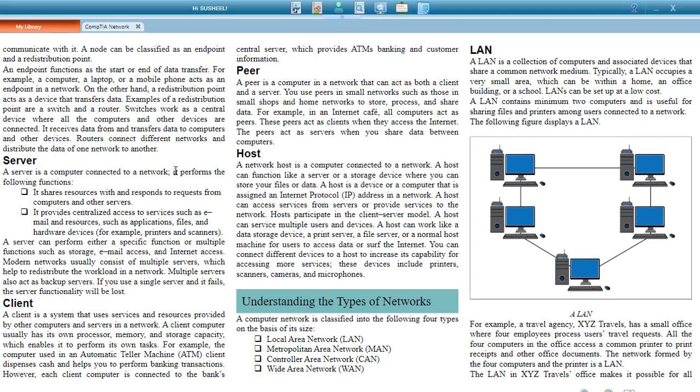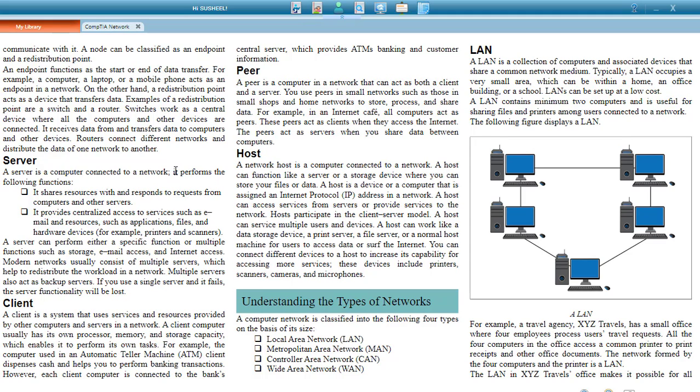Examples of a redistribution point are a switch and a router. Switches work as a central device where all the computers and other devices are connected. It receives data from and transfers data to computers and other devices. Routers connect different networks and distribute the data of one network to another.